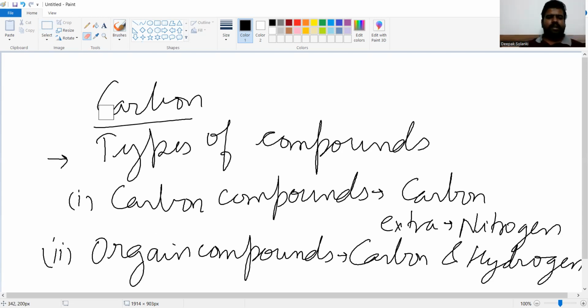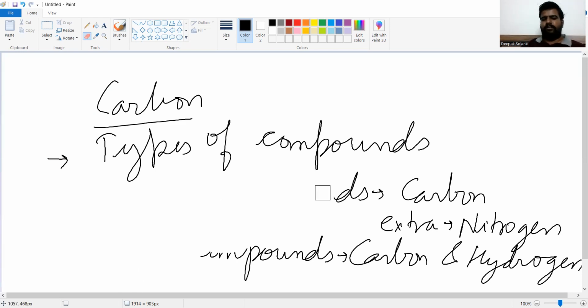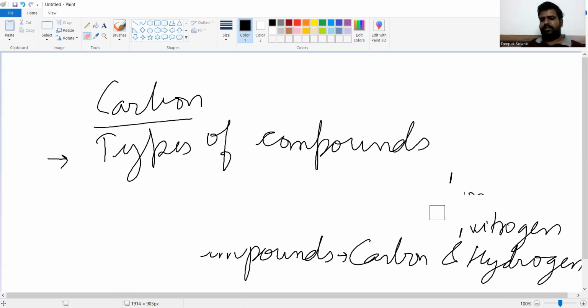Next one will be the hydrocarbons, which is the most important part of this chapter. For the 10th board exams, student preparation should be there about hydrocarbons, and in higher classes hydrocarbons are also there.